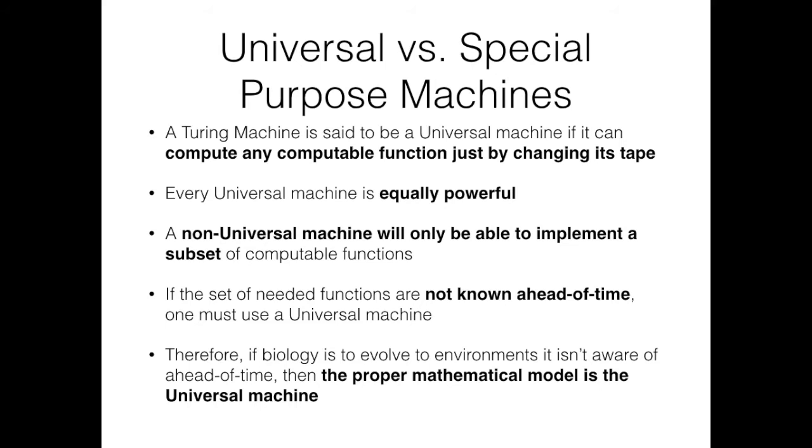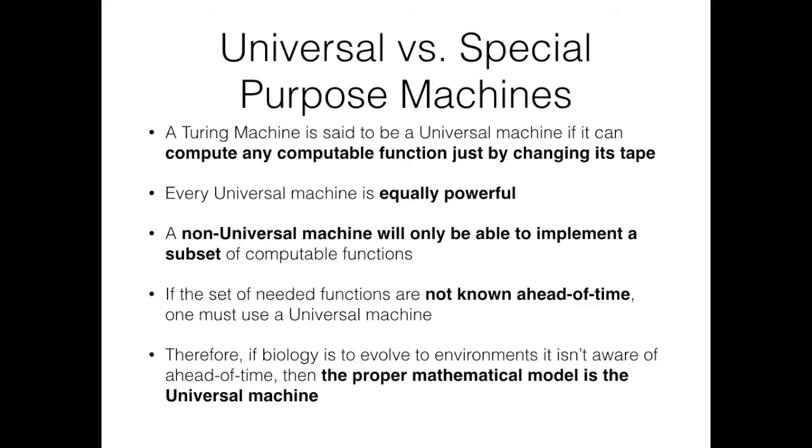So then you have two different types of machines. Okay. We have special purpose machines that have a limited set of functions, and you have universal machines. Okay. So a Turing machine is said to be universal if it can compute any computable function just by changing its tape. So if you remember, we had that state transition table.